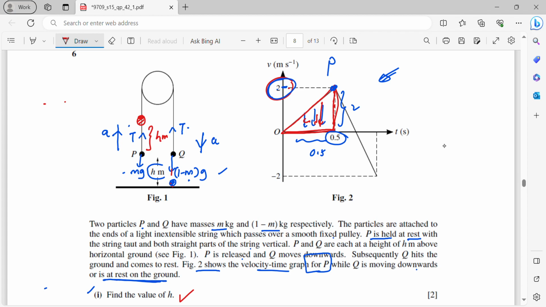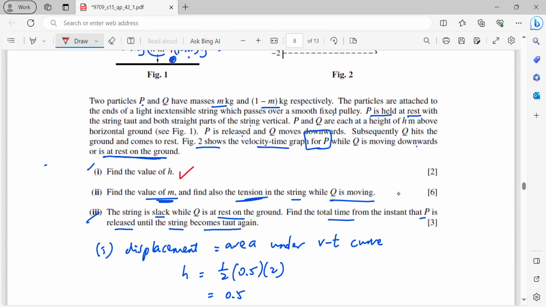Let's say here is H. At this position, Q will be reaching the ground. At the same time the string is slack, which means particle P will move up freely. So we can just ignore the T now. No more tension.